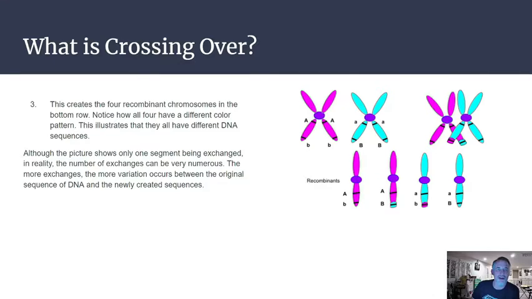Notice that all 4 have a different color pattern, and this illustrates that they have different DNA sequences. So that adds to the genetic variation. Although the picture only shows one segment being exchanged, in reality, a number of exchanges can happen more than once on each chromosome. So the more exchanges, the more variation that can occur with the original DNA sequence, and we end up with newly created sequences, which adds a lot of genetic diversity.